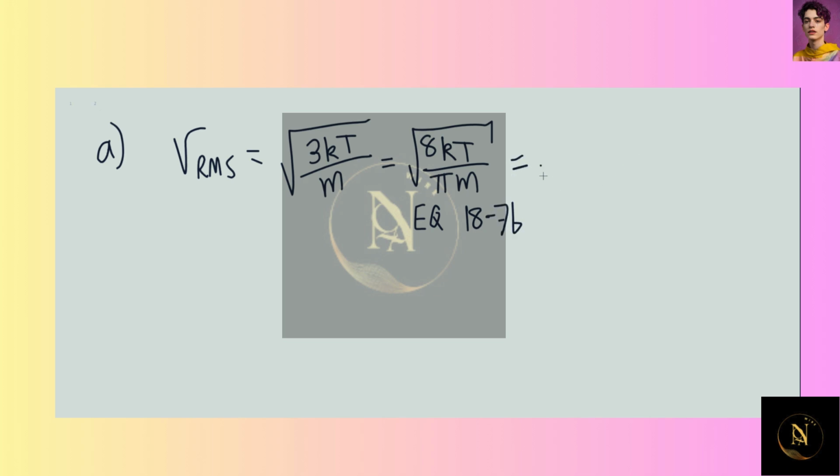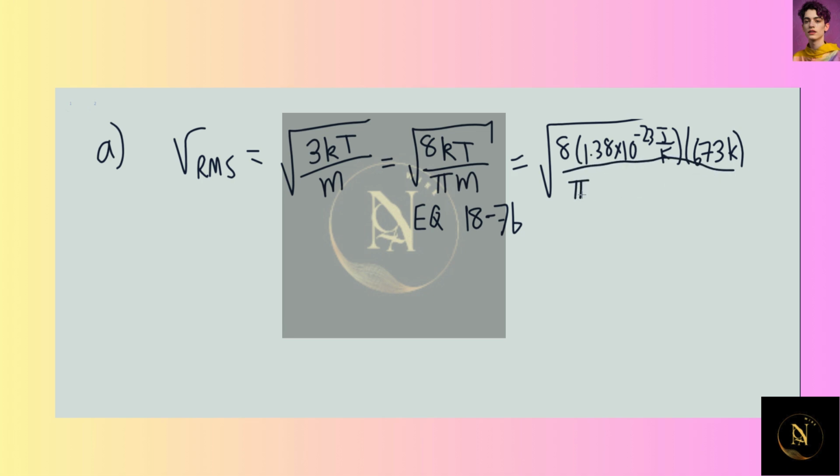So just plugging everything in, remember our Boltzmann constant is always 1.38 times 10 to the negative 23 joules per Kelvin. The temperature has to be in Kelvin, 673 Kelvin. That's just 400 plus 273, which is how we do the conversion.